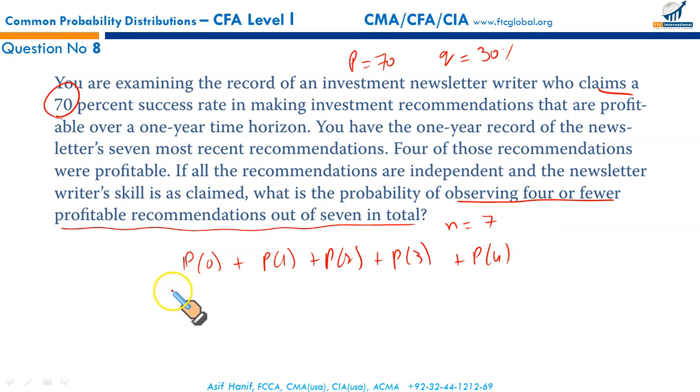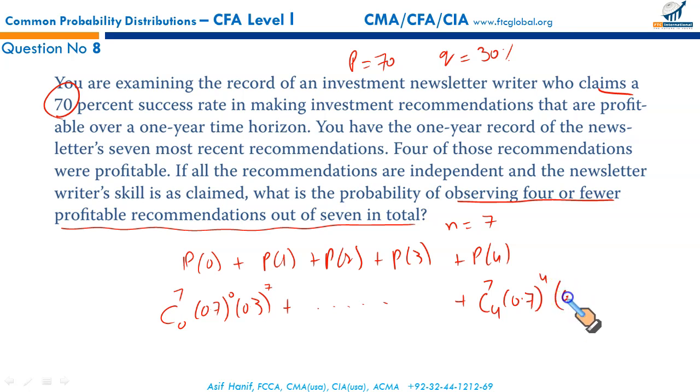So what you will do: 7C0, 0.7 raised to the power 0, and 0.3 raised to the power 7 minus 0, that is 7. And you will go all the way till 7C4, 0.7 raised to the power 4, and 0.3 raised to the power 7 minus 4, that is 3.